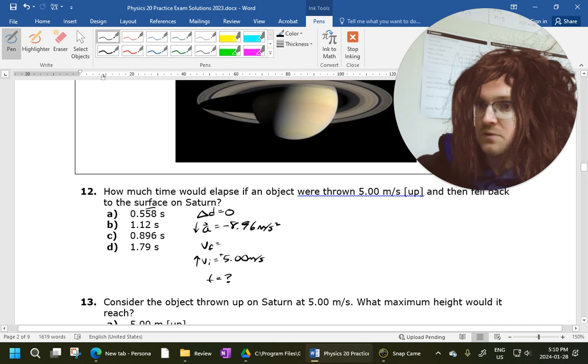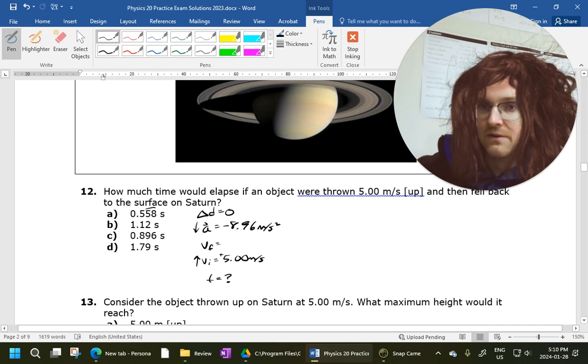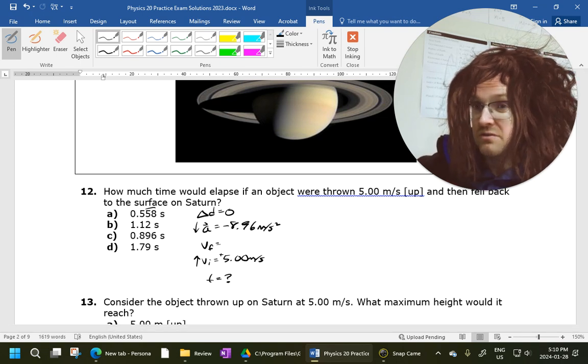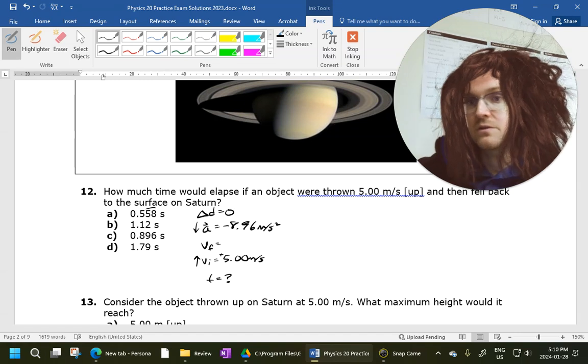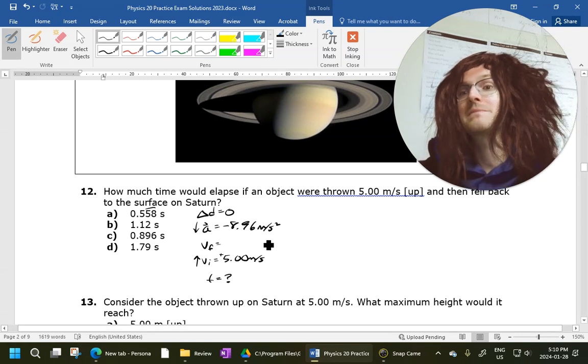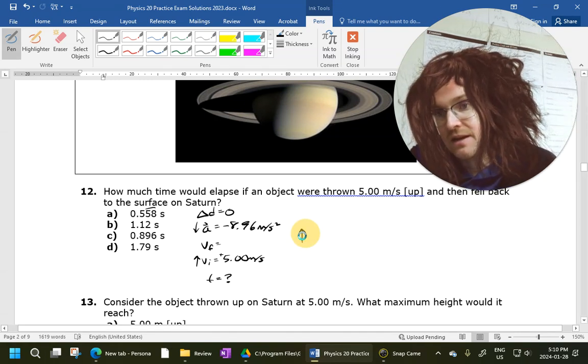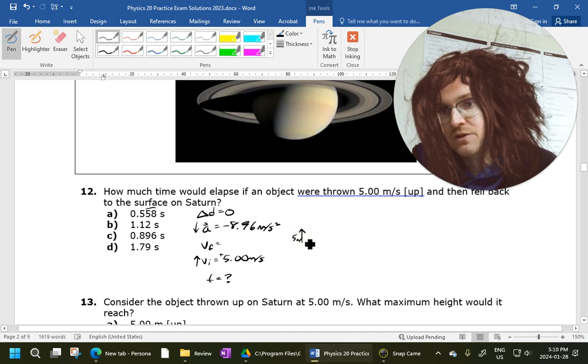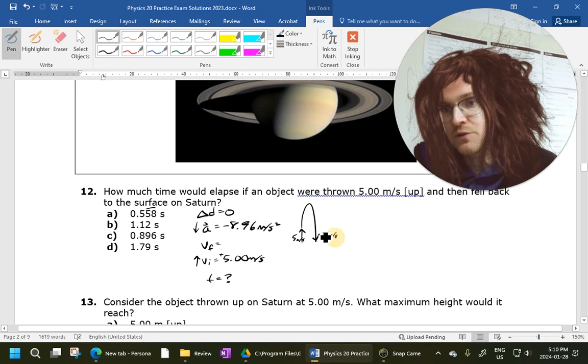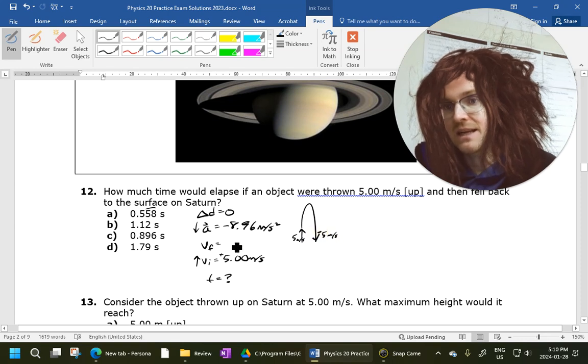We do run into some problems with that formula. If I say d is equal to 0, we might run into some issues depending on which formula we use. Because it comes back down to the same height, it goes up at 5 meters per second, it's going to come back down at 5 meters per second, but this time a negative number.